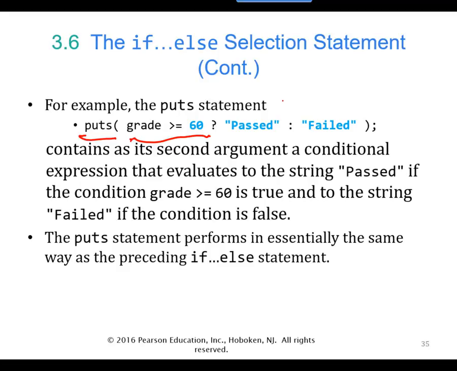If it's true, you put here. If it's false, do this one right here. So this combines the printf and the if then and else all into one line. It's ugly. It's shorthand. And that's what a lot of C++ is, that type of stuff.